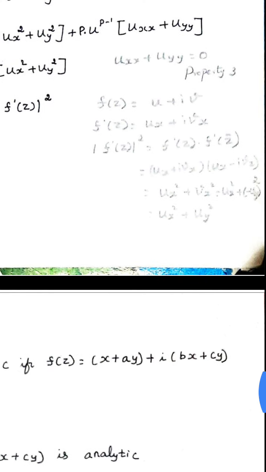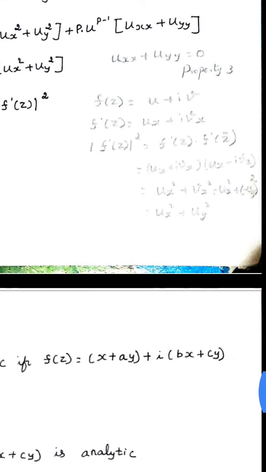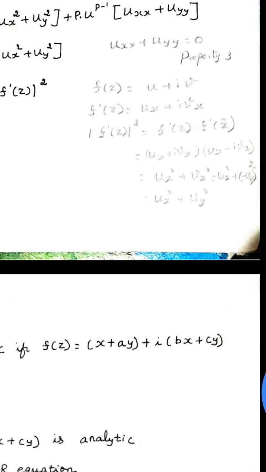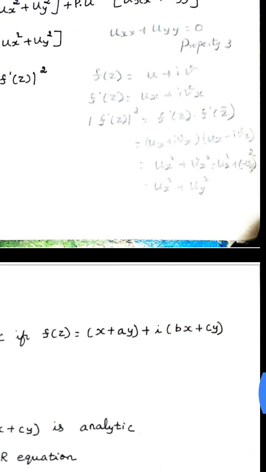But in the question, the answer is ux square plus uy square. How to get that? Since the given function is analytic, I can substitute the CR equation here. What is vx in the CR equation? Minus uy. If I square the term, I get uy the whole square. So modulus of f dash of z the whole square is nothing but ux square plus uy square.